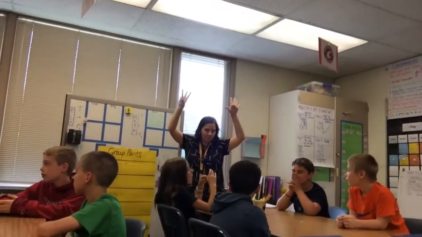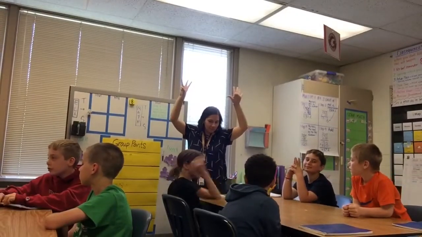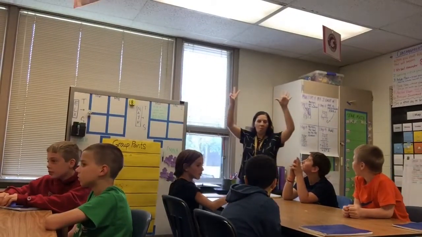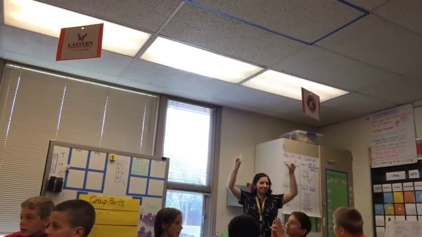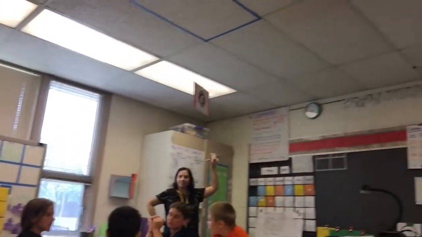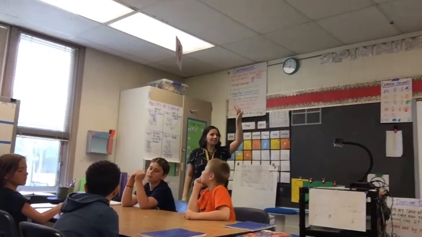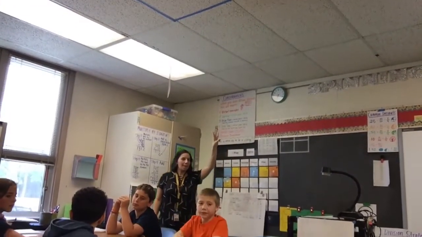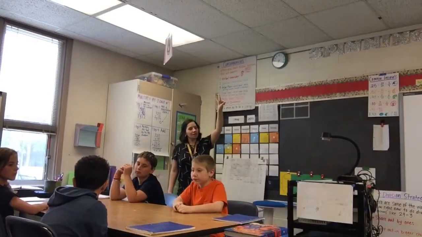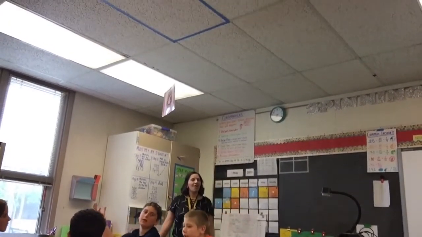Maybe you could do a double-digit number by a single-digit number based on the place value. All right.